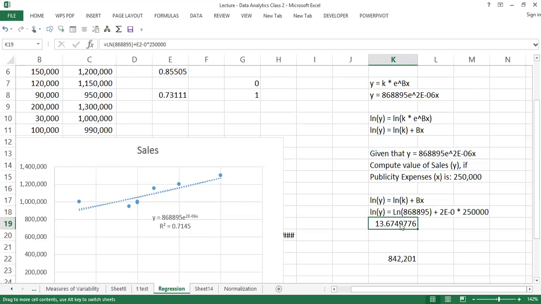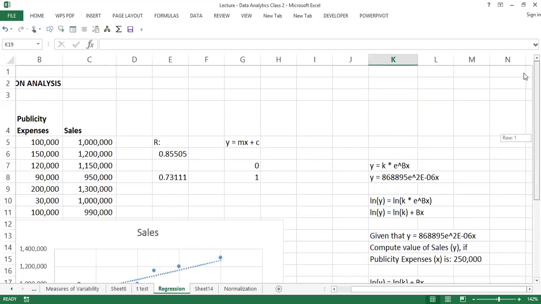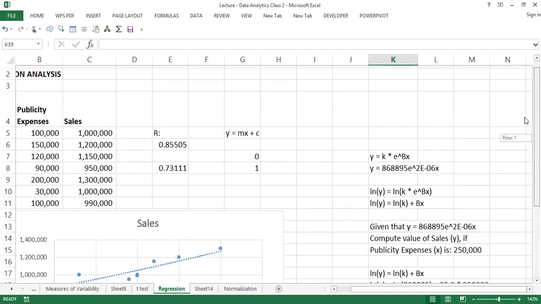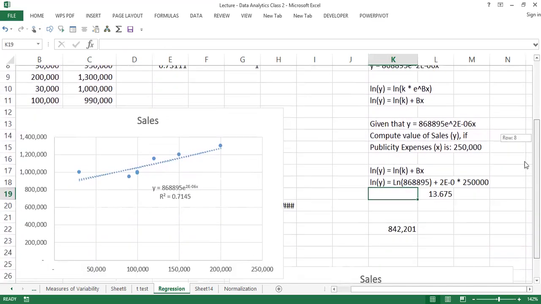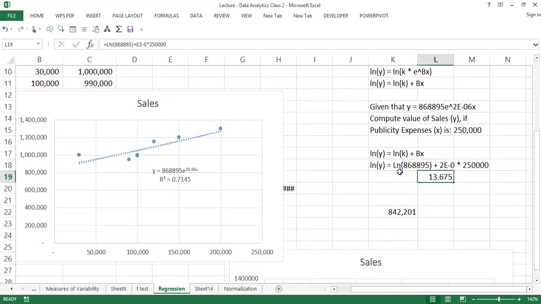I want to be sure you are following me. Is it 30.6 million for the sales? No. Is it in millions? No, because you expect it to be a bigger figure, right? But you have to understand that this figure is not Y. This is what we just got now, not Y itself.